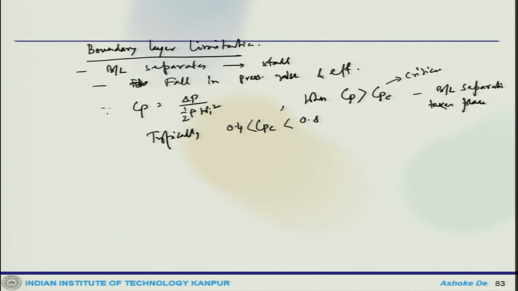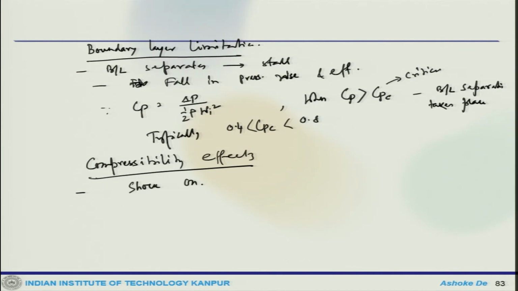Now, there could be another factor, which is the compressibility effect. So, once we have high speed flows, which could be detrimental to the blade, transonic and supersonic flows induce shock. So, shock on blades will lead to excessive performance loss and shock induced flow separation.